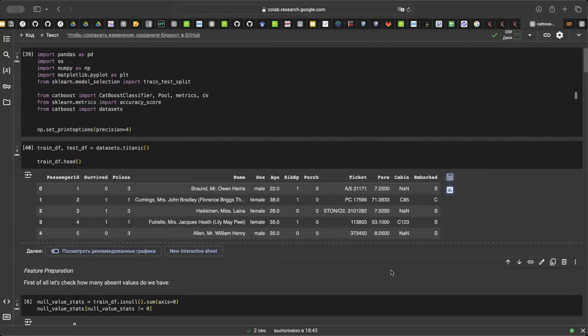So possibly we would like to group all those objects with missing values of some feature altogether. Guys, is this a good idea or not?